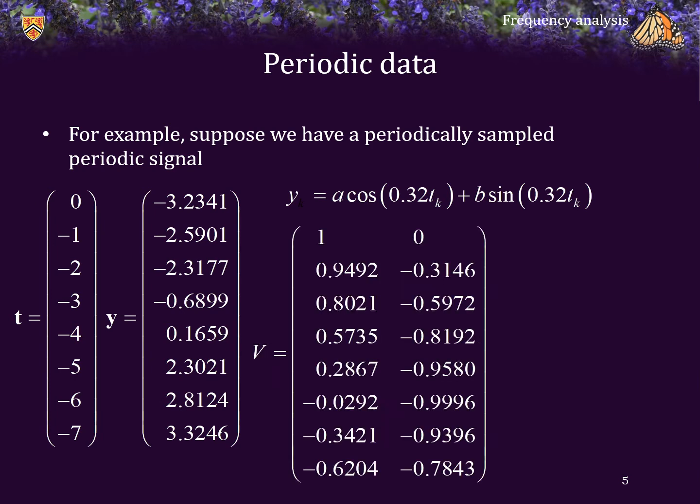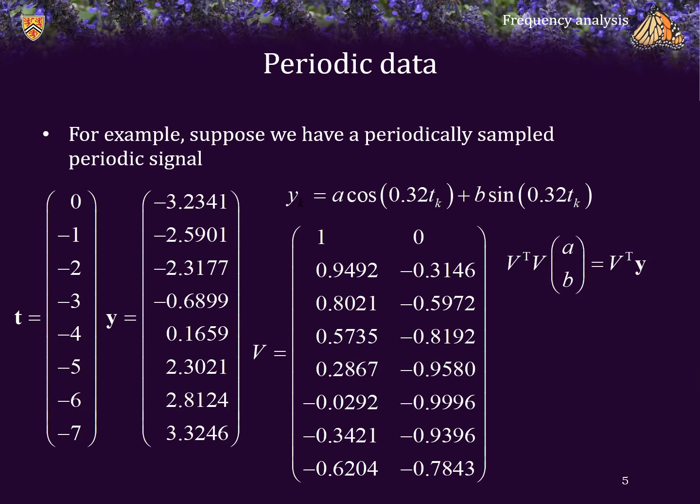In that case, we can evaluate the t vector, or we can evaluate cosine of 0.32 times t for each of the values of the t vector. That's the first column. And then we'll evaluate sine of 0.32 times t for each of the values in the t vector in the second column. That gives us our Vandermonde matrix.